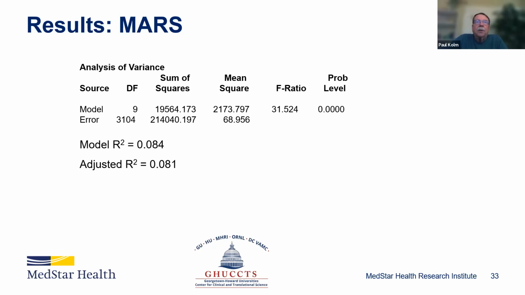And so what this tells us is that whatever are good predictors of being overweight, we don't have them in our database, even though they're statistically significant.